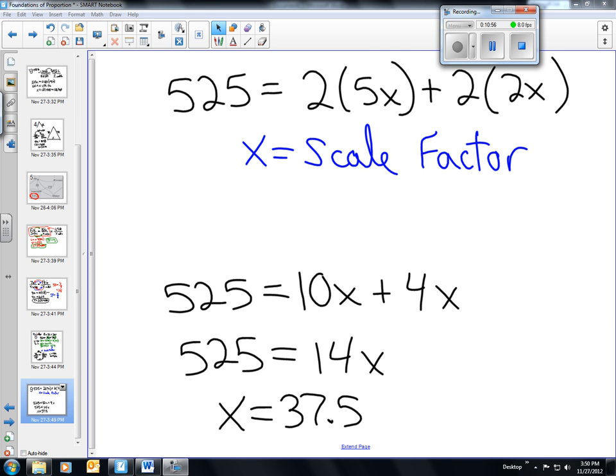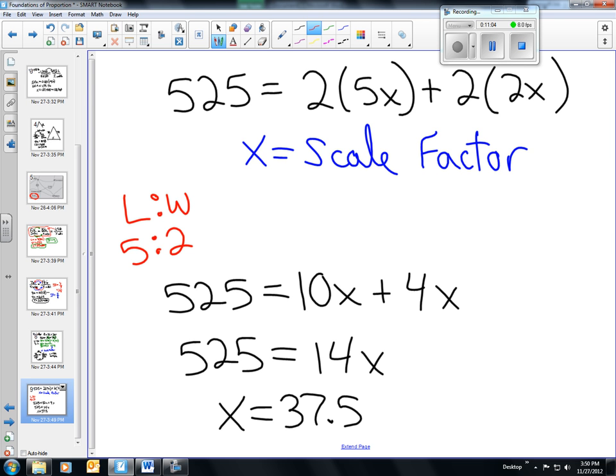Then on example number 7, we were told that we have the ratio of the length to the width. The length to width was 5 to 2. So the 5 representing the length, so 5 times the scale factor was x, and then 2 times the scale factor. When we go to solve this equation, we're going to go through this process, which we're going to find that x, the scale factor, is 37.5.